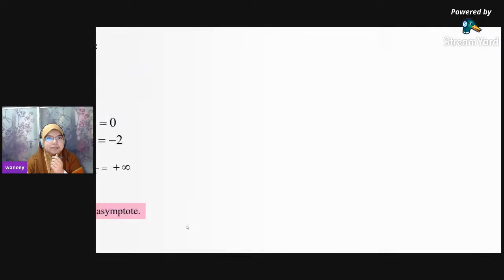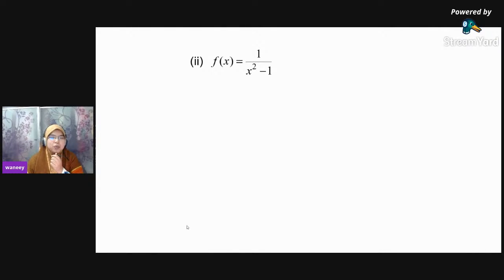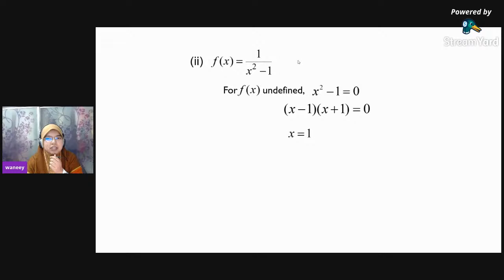Right, next. B. We have f(x) equal to 1 over x squared minus 1. So of course, in order for f(x) to be undefined, x squared minus 1 needs to be equal to 0. Therefore, if you factorize, you are going to get x equal to 1 or x equal to -1.